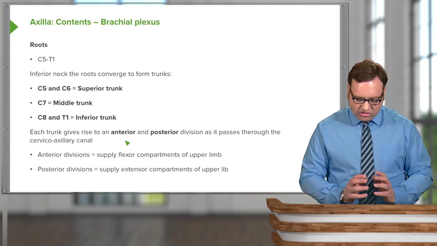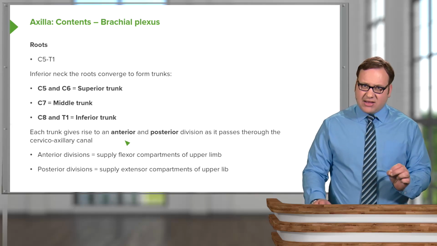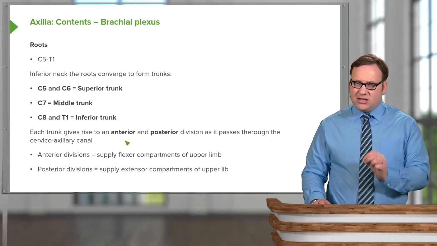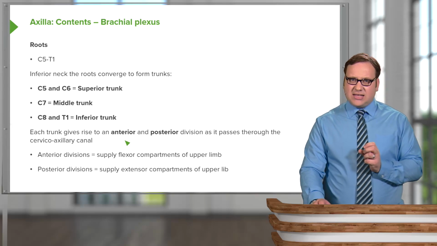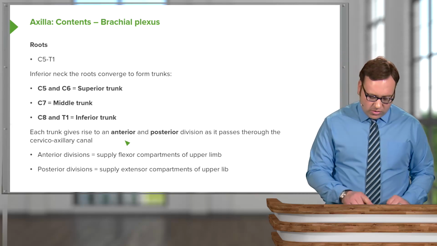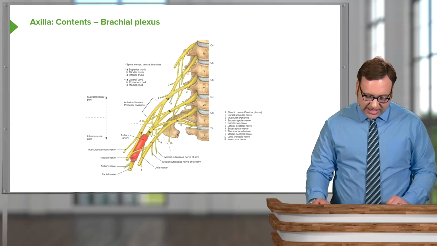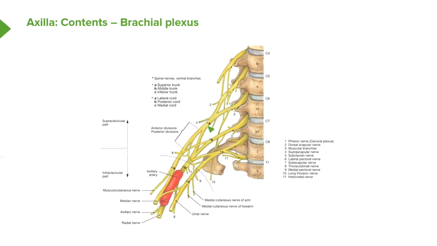So each of these trunks is going to give rise to an anterior and to a posterior division. And this is happening as they pass through the cervico-axillary canal. So let's have a look. We can see we've got the superior trunk here, and that is giving rise to an anterior division here. See here, the superior trunk is dividing into an anterior division.